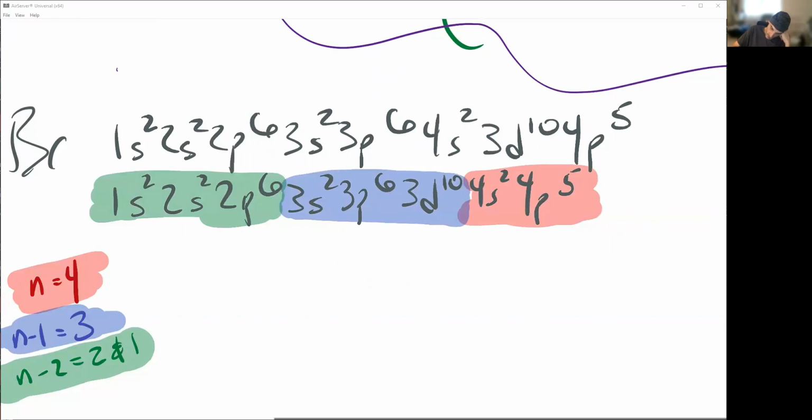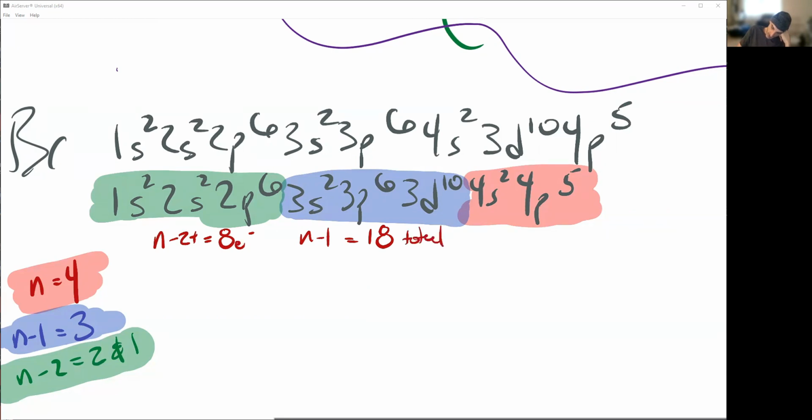So one more time, n minus 2 plus is going to equal a total of 8 electrons. Electrons in the n minus 1 equal 18. Count them all up. But again, the n minus 1, I have to divide into 2 categories. So we have 18 total electrons.